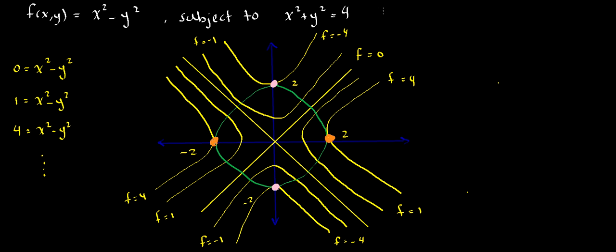Okay, so now let's draw the gradient of the function. Remember, the gradient of the function always points to the direction of steepest increase and is always perpendicular to the level curves. So at this point, if I want to draw the gradient, it's going to be perpendicular to the level curve, and it's going to be pointing to the direction of steepest increase, which is going to be this direction.